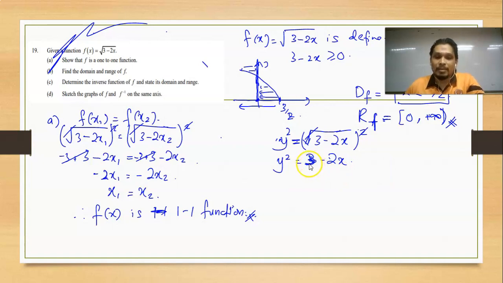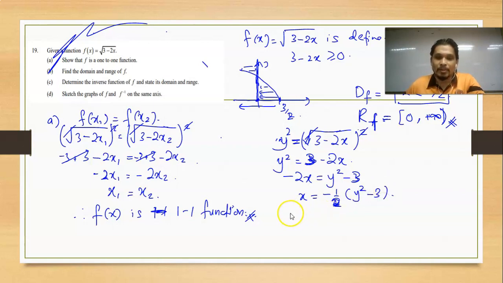Okay, so bring the 3 to the other side. Negative 2x equal to y squared minus 3. And x equal to negative 1 over 2 times y squared minus 3.